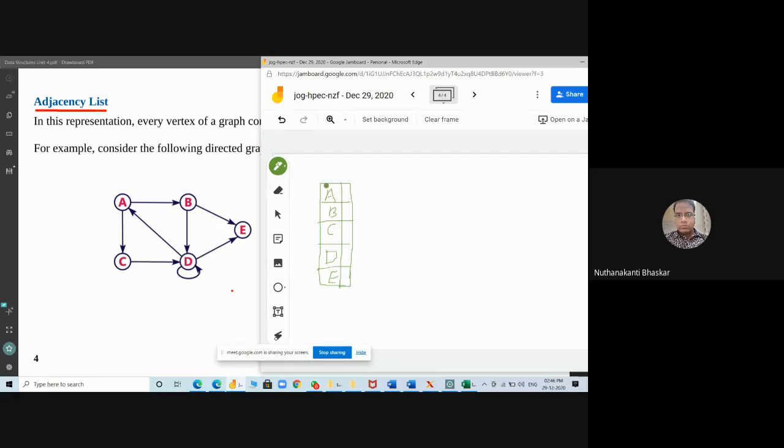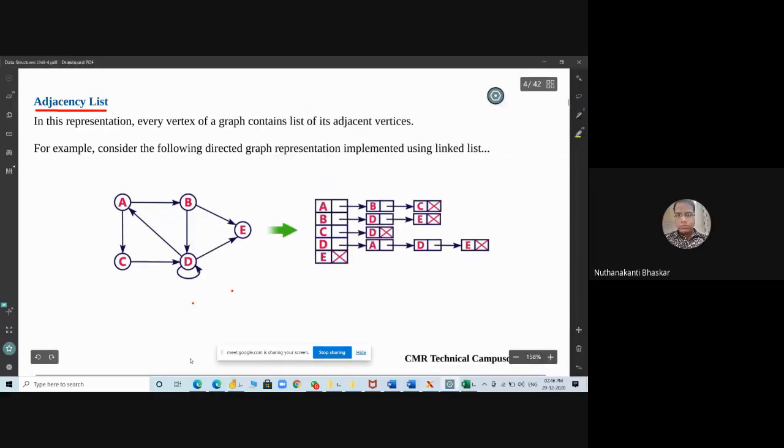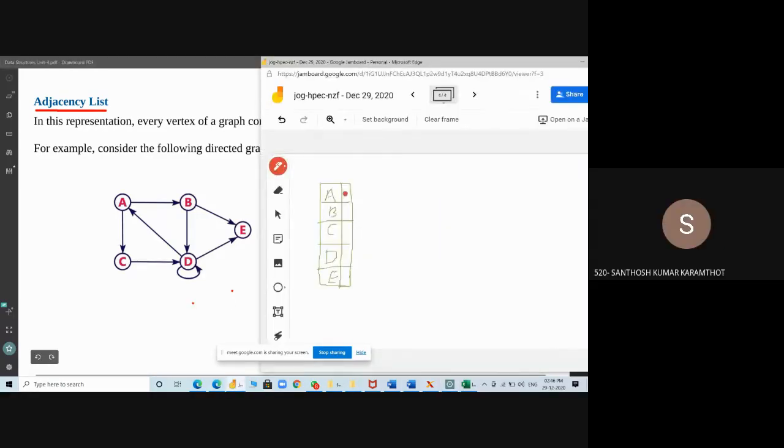Then I am going to check the adjacency nodes and how they are going to connect. So from A, what are the outgoing edges? Connected nodes. That is what we have to connect from A. B and C. From A, B is there.